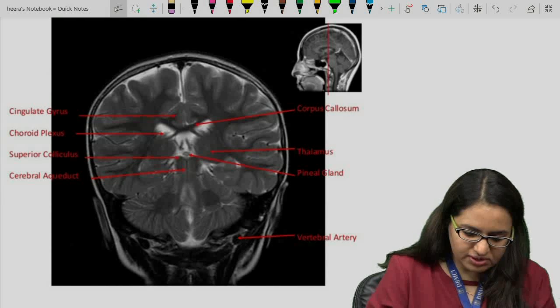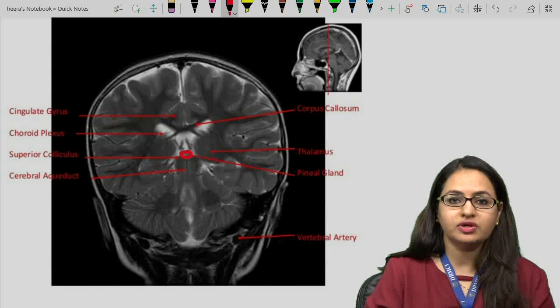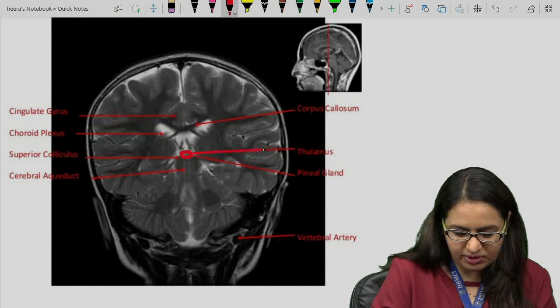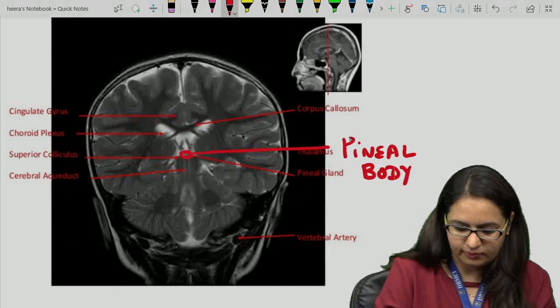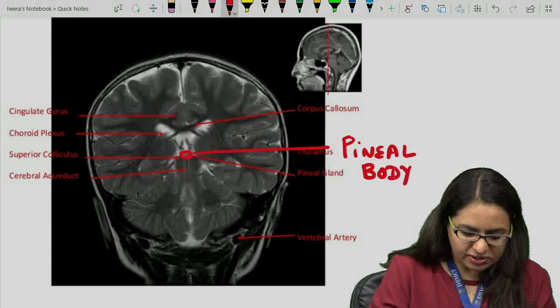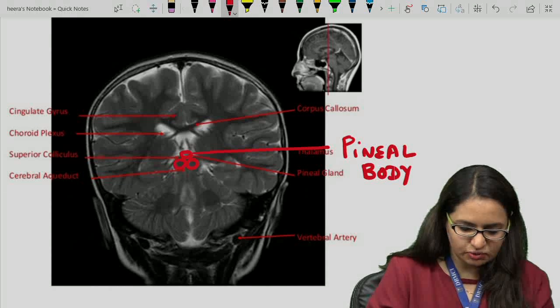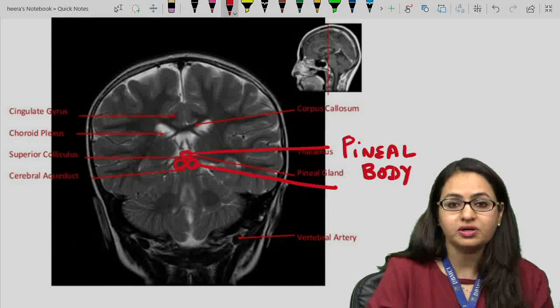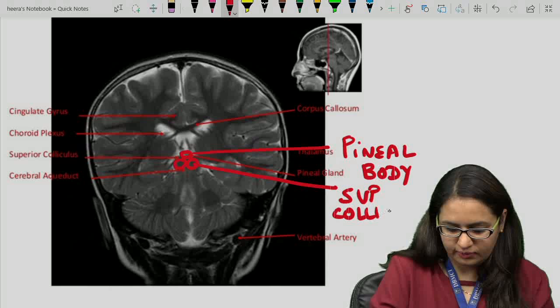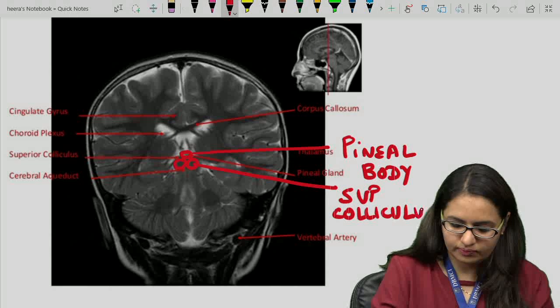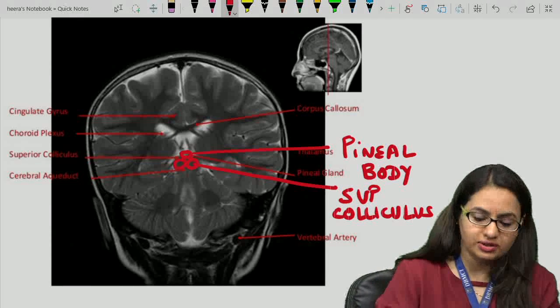Here we see a single rounded structure present in the center, which is the pineal body, and just below that the two rounded elevations seen over here are the superior colliculi.